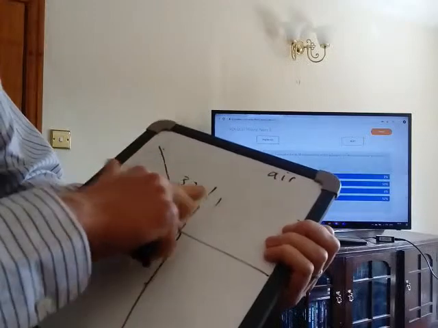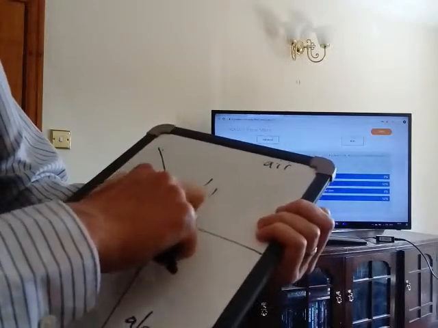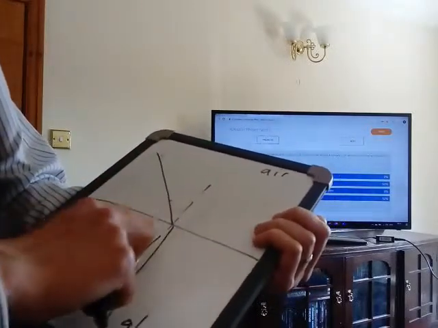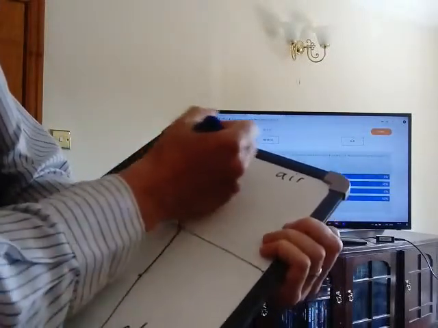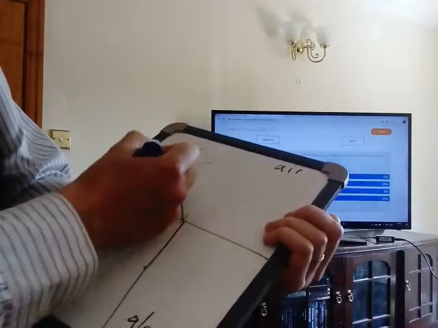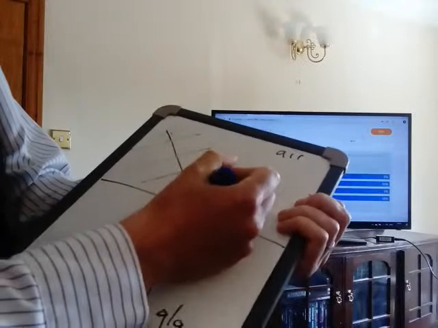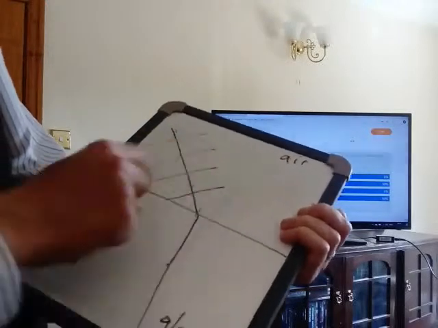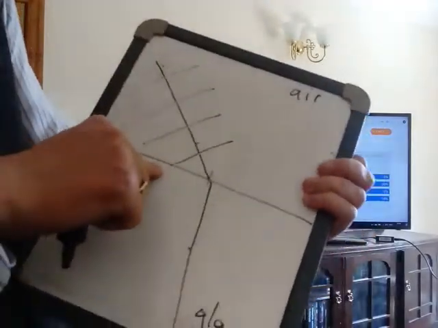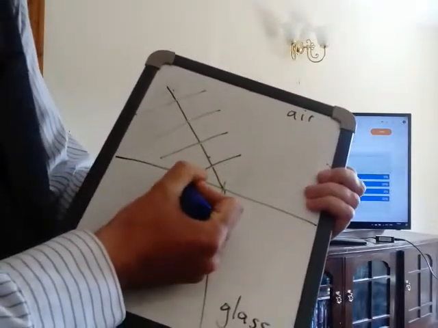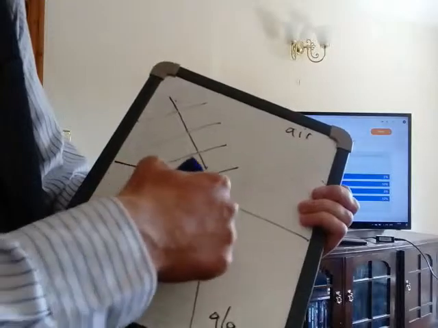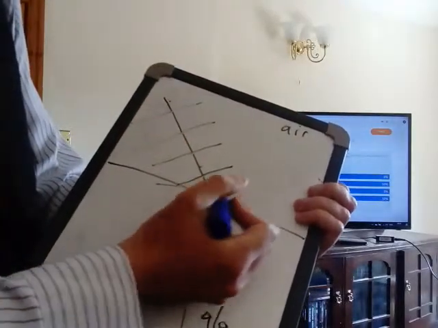So to really appreciate that, I'm just going to remove some of the detail from this diagram. You need to look not just at a ray of light, but at a wave front. So these lines represent the front of the wave. And I hope what you can see is that this side of the front hits the glass first. So this part of the wave has now slowed down, not traveled as far, so it curves up like that.